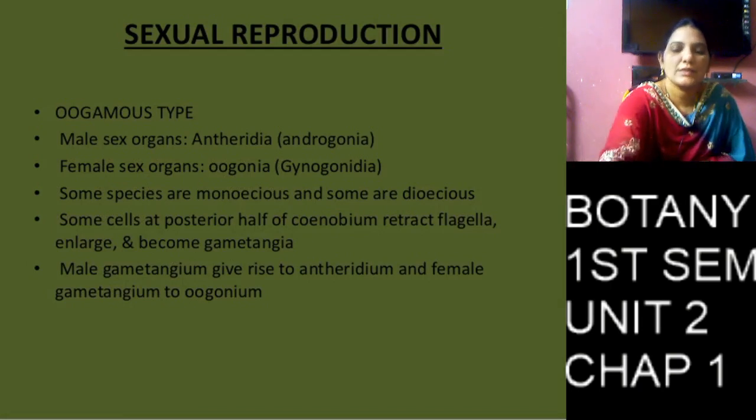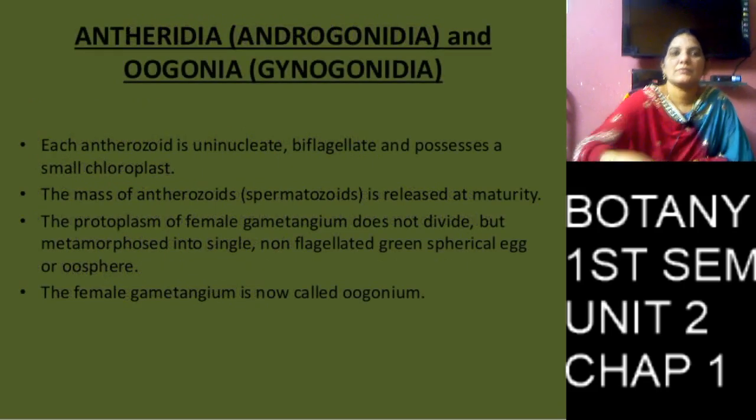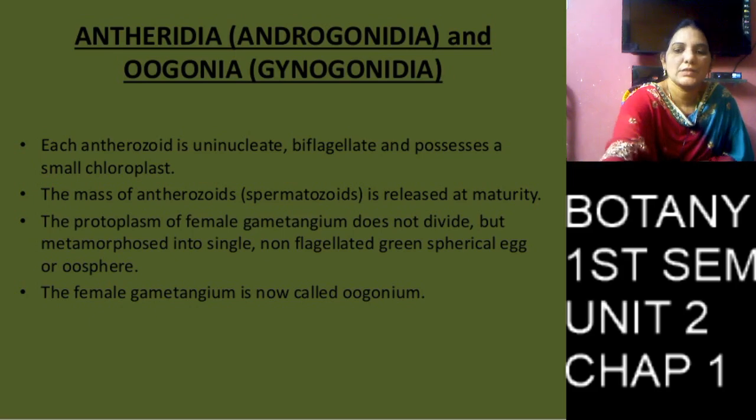The male sex organ is called antheridium, and the female sex organ is called oogonium. The male sex organ produces androspores, and the female sex organ produces the egg cell.